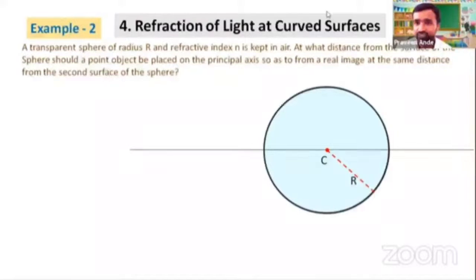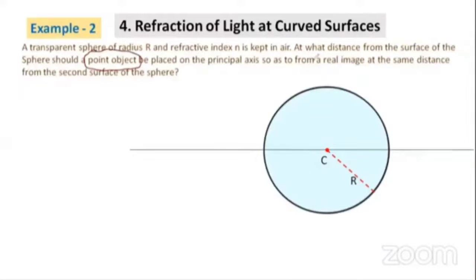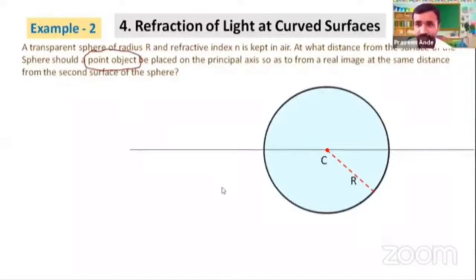What is the size of the object? See here, is it visible in the question? A point object is placed on the principal axis of the sphere to obtain a real image. So does a real image form on the same side or the opposite side?